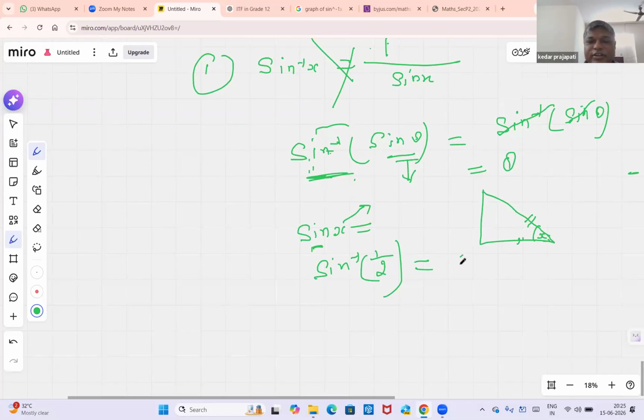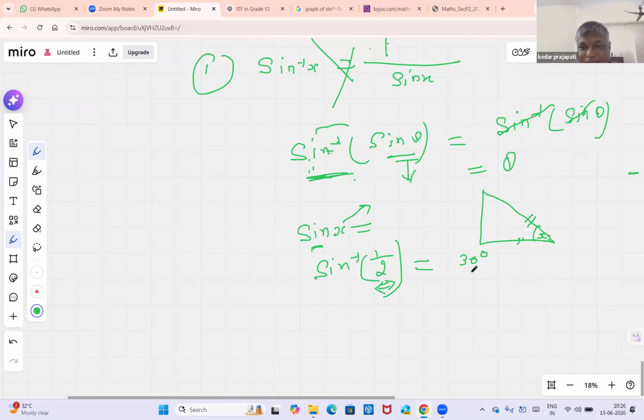Suppose this is 30 degree. So what is the ratio? This is the inverse of the ratio 1/2, for which the angle is 30 degree.